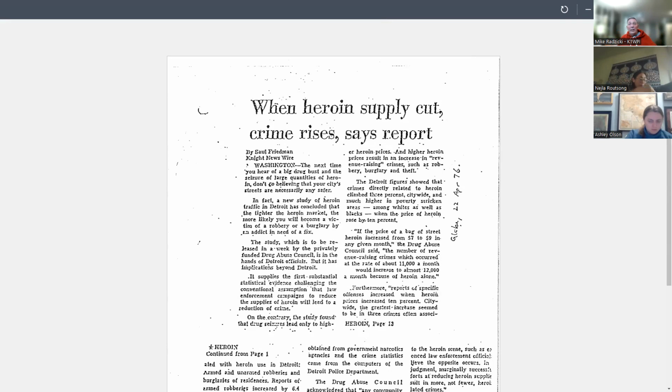And this is an article from the Boston Globe. It appeared on April 22nd, 1976. So I was getting ready to graduate from high school when this came out. Graduated in 1976. Okay, so it's long ago, but a lot of these problems being described here are still with us.